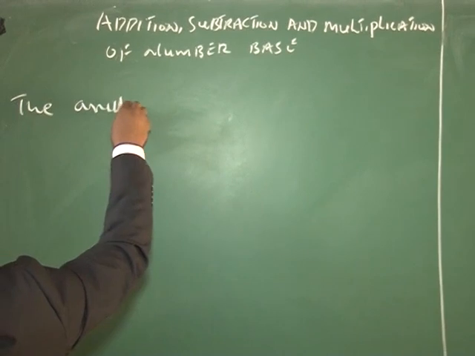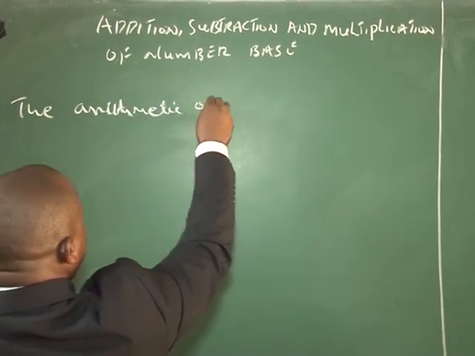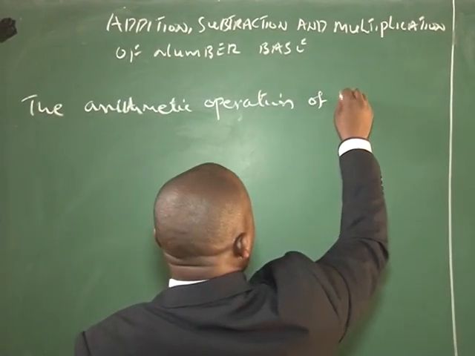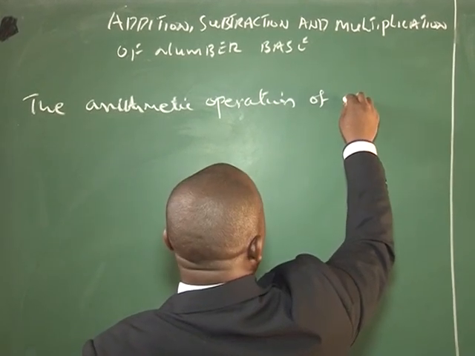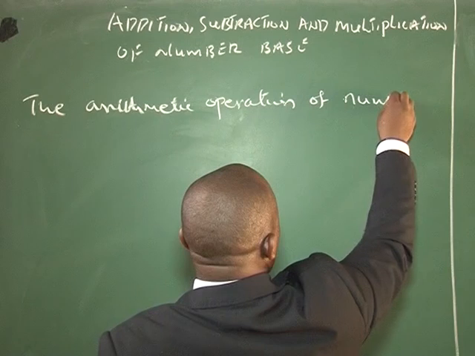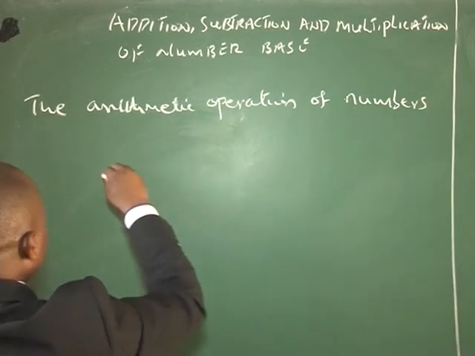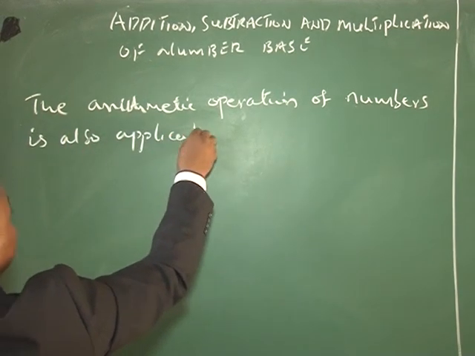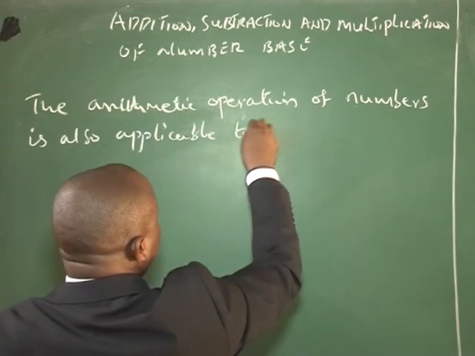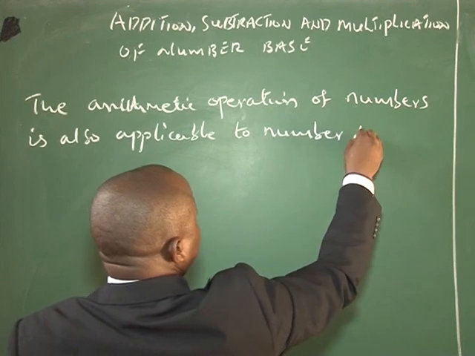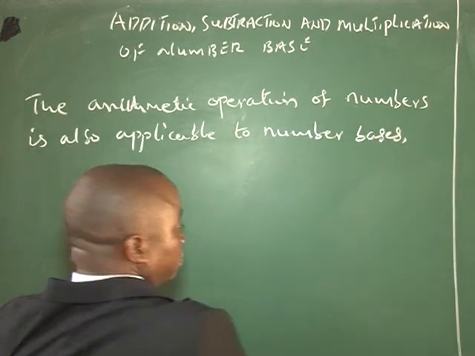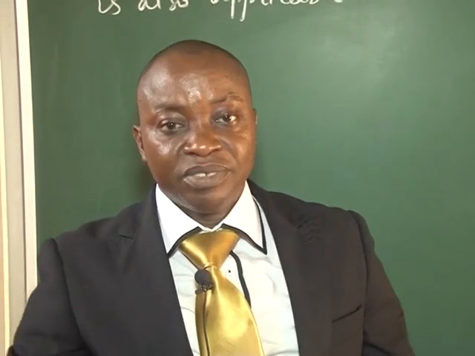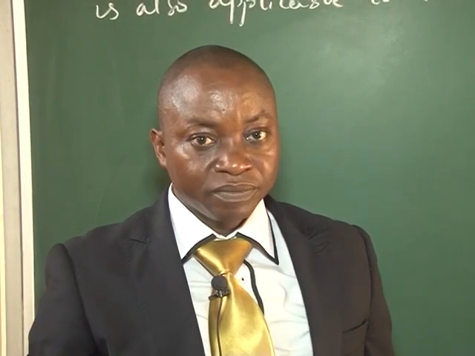The arithmetic operation of numbers is also applicable to number bases. What we mean by arithmetic operation is addition, subtraction, multiplication, and division, and these are also applicable to number bases.